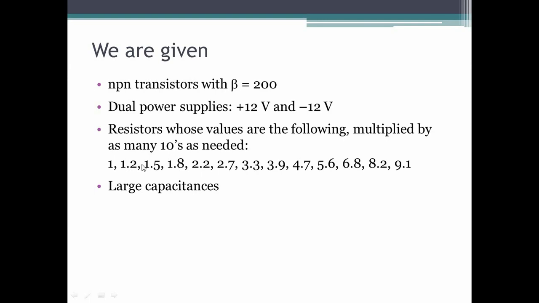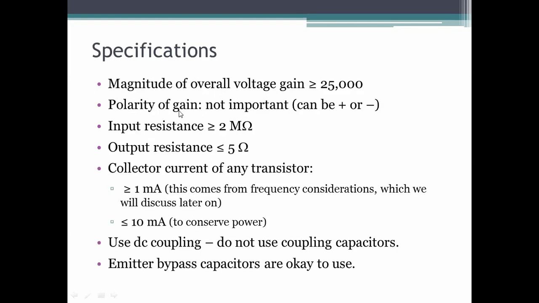So these are the commercially available values. It could be 1 ohm, 10 ohms, 100 ohms, 1 kilo ohm, etc., 1.2, 1.5, etc. And we are given large capacitances. With all of these, we are asked to design an amplifier that has the following specifications.